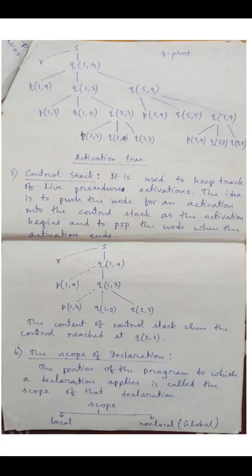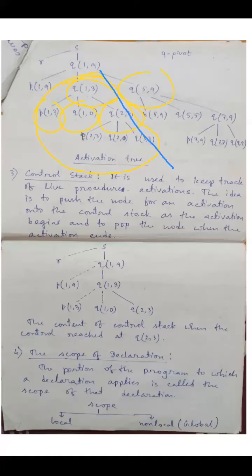Q59 will not come here, because Q59 will come after you complete Q13. When you complete Q13, that means when you complete this part and this part, then Q59 will come.